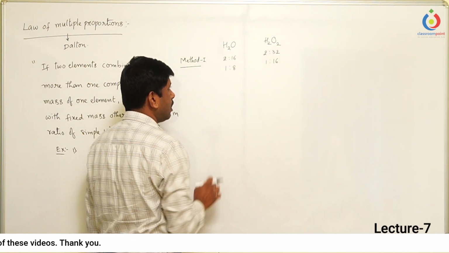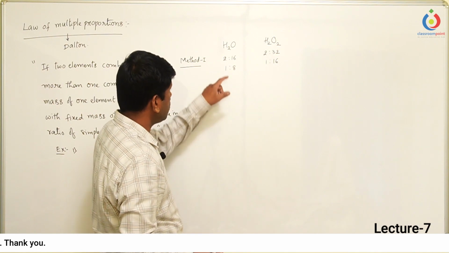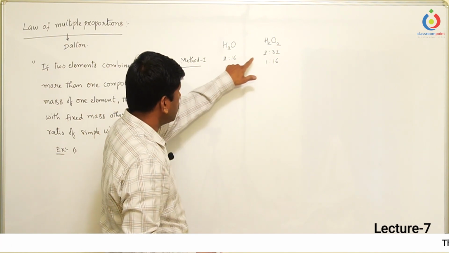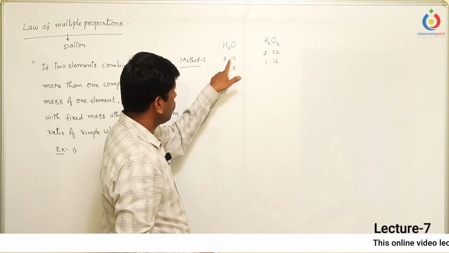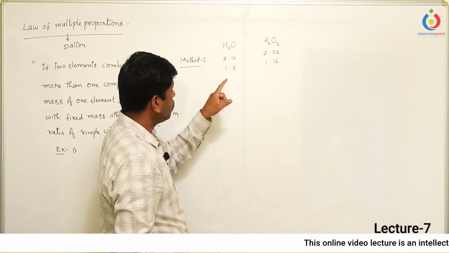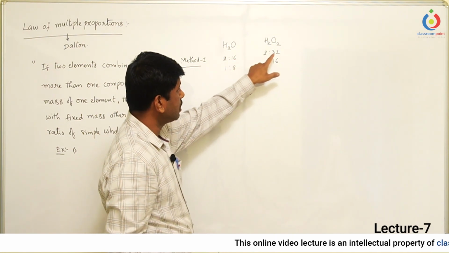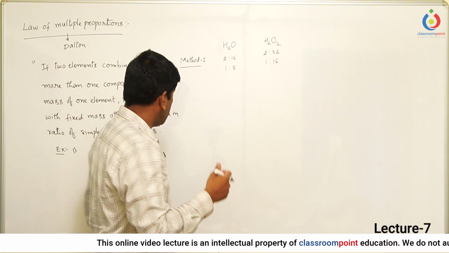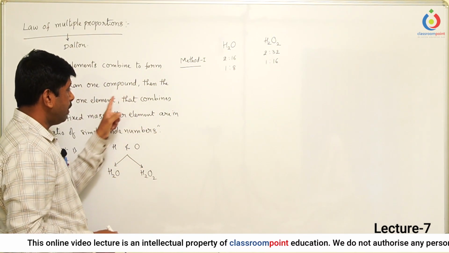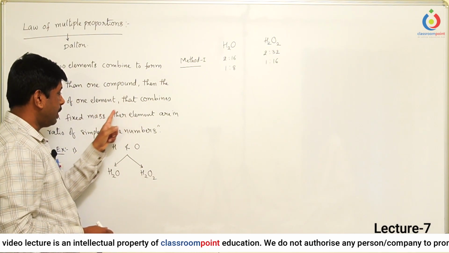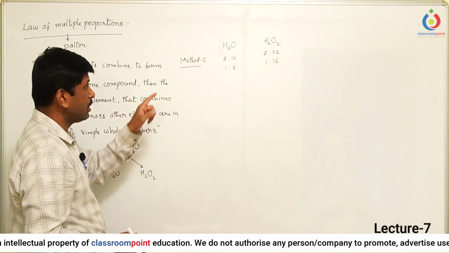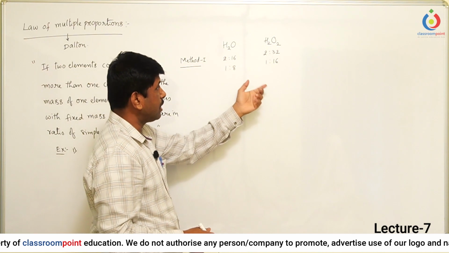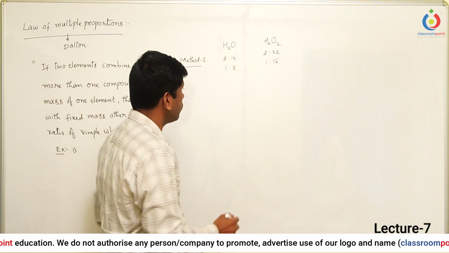This simplification is not required because from the starting step itself the hydrogen mass is fixed, 2 grams, 2 grams. Then whose mass is not fixed? Oxygen mass is not fixed. So we have to take the oxygen element, because according to the definition, for the element which combines with the fixed mass of the other element, that is, the element whose mass is not fixed, we have to see that element's ratio.